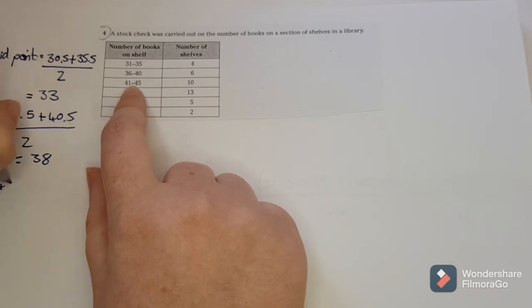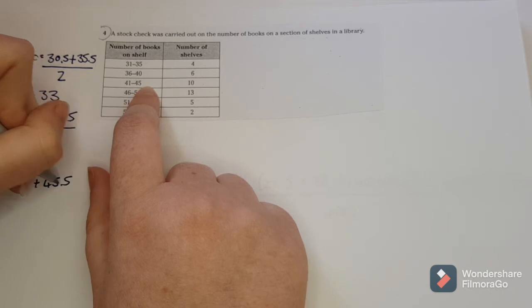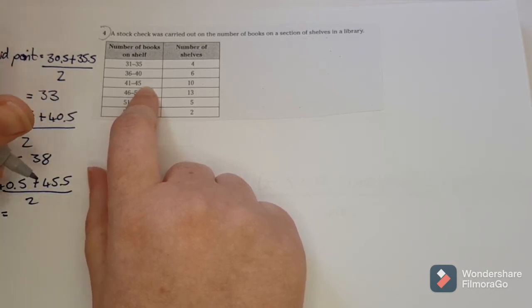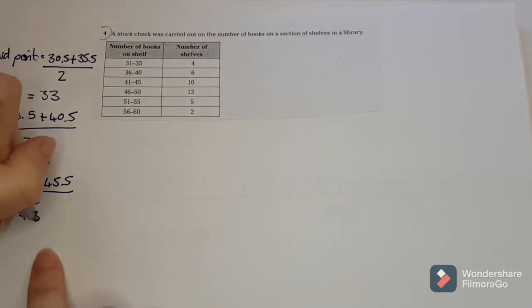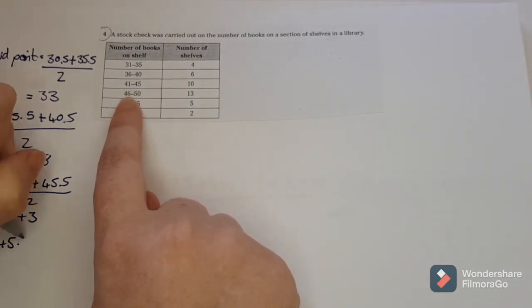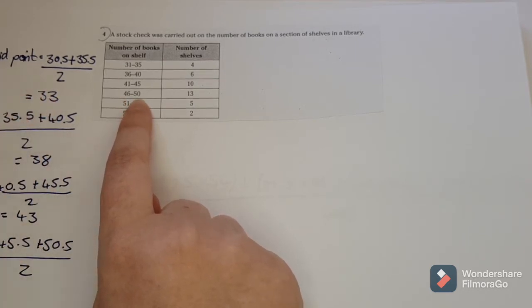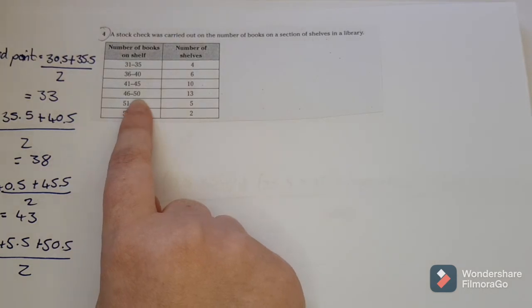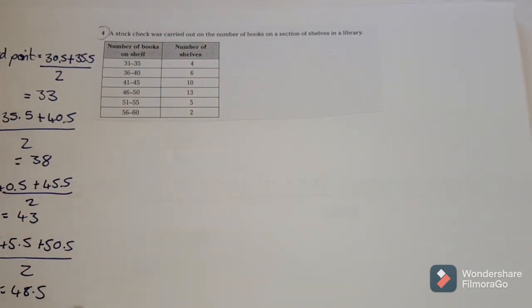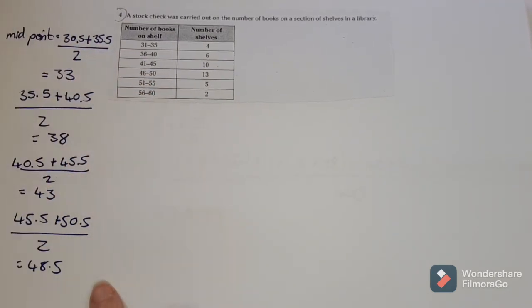And then 40.5 plus 45.5 divided by 2. 45.5 plus 50.5 divided by 2. Okay, and you're going to keep going for each of those.